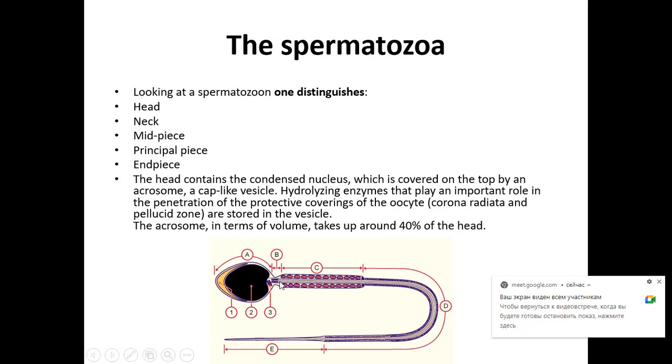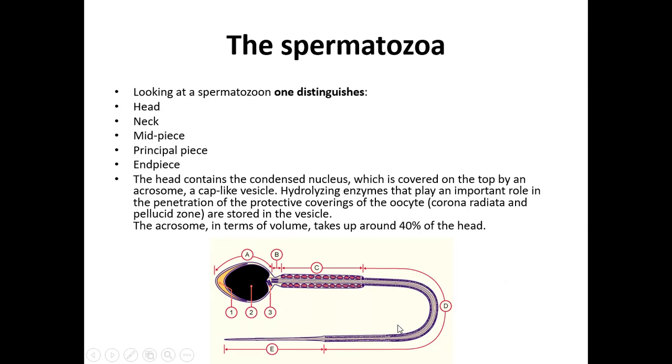After this centriole, we have a midpiece, which contains mitochondria inside, which give energy to the tail for motility. Up to this D portion of the sperm, it's the active portion, actually C plus D is the active, motile part, but portion E is just present at the end for direction of the sperm movement.